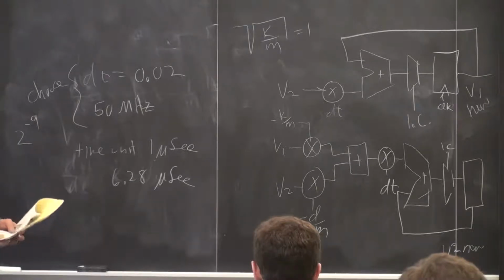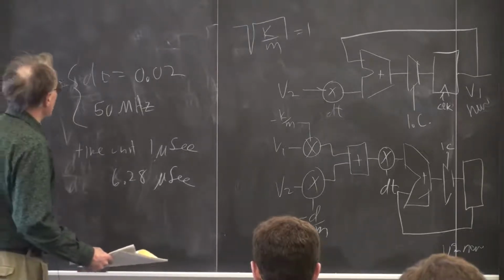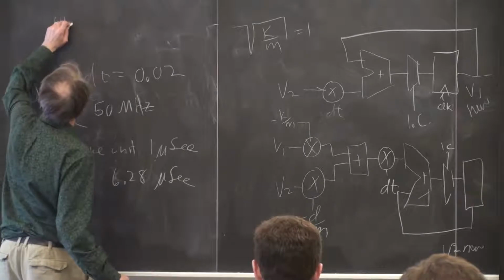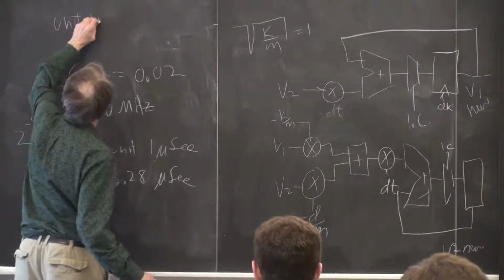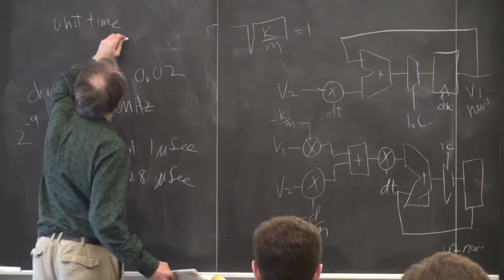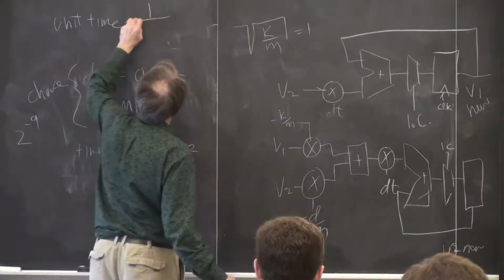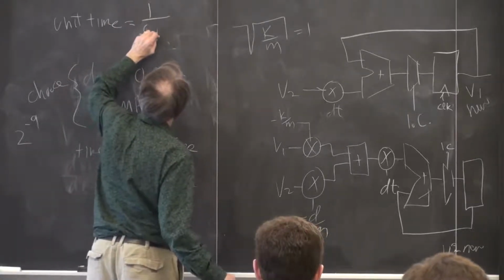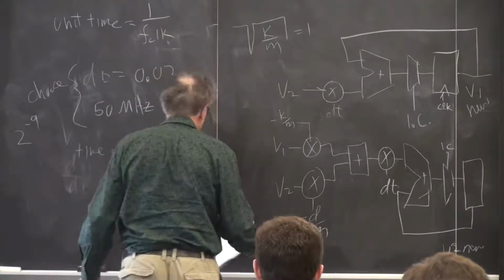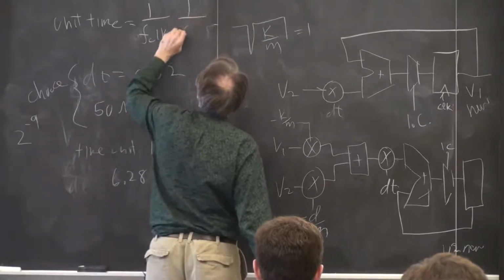So, in fact, in general, unit time is given by 1 over f clock times 1 over dt.